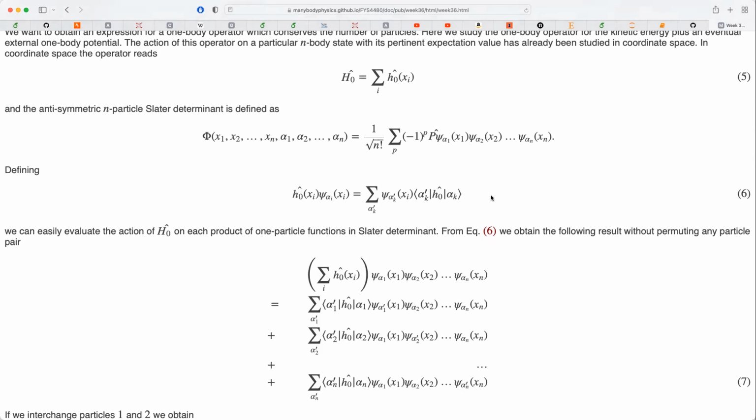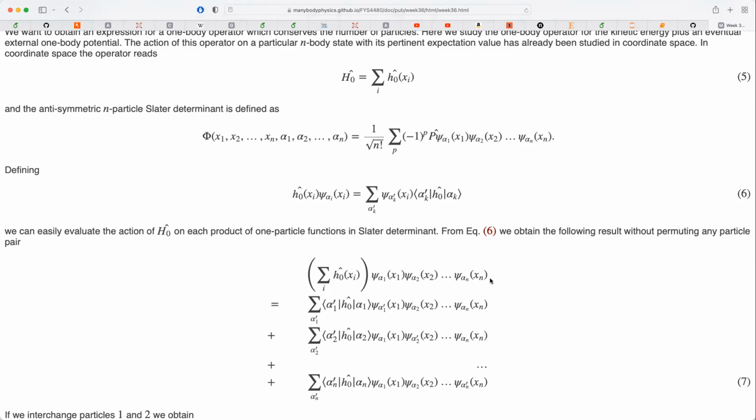So if we look at this expression, when we now add the action of this one-body operator on the different states, this is going to be a sum which contains the action of this operator on every particle, x1, x2, up to xn.